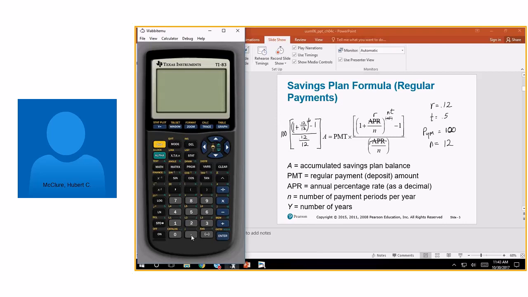So 0.12 divided by 12 equals, plus 1 equals, raised to the 6th power equals, minus 1 equals, divided by parentheses 0.12 divided by 12, which is 0.01, and you could type in 0.01 if you wanted to. Enter, times 100.